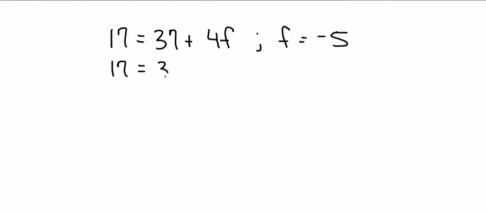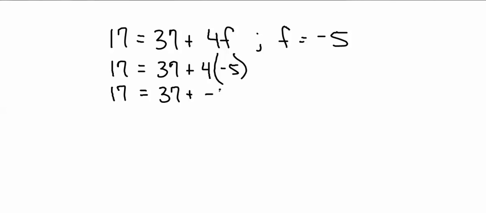Does it equal 37 plus 4 times -5? Does 17 equal 37 plus -20? 37 plus -20 is 17, isn't it? So does 17 equal 17? Yes. So is this a solution? Yes.